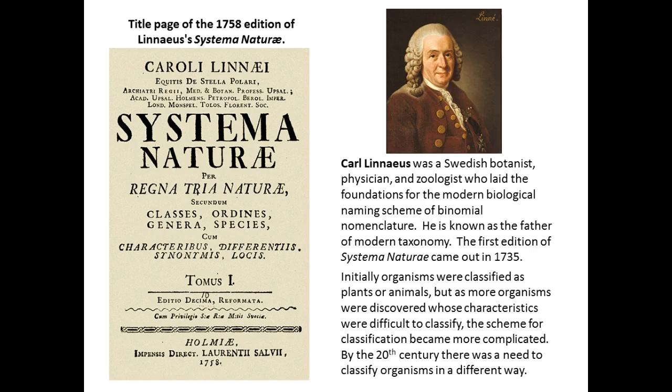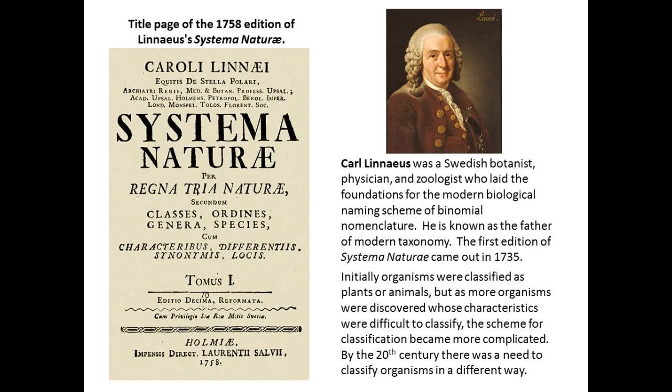Initially organisms were classified as plants or animals. We know that's not it nowadays. We have things like bacteria. Is that a plant or an animal? Well, it's really not either. It's its own classification. So classification, too, has changed over time as we've discovered new organisms and discovered more things about the organisms which we know about.